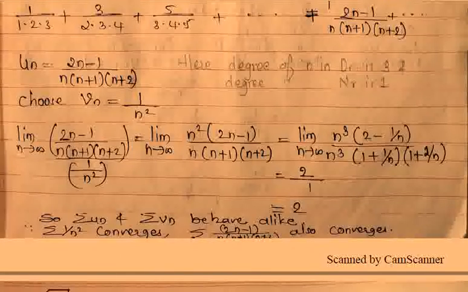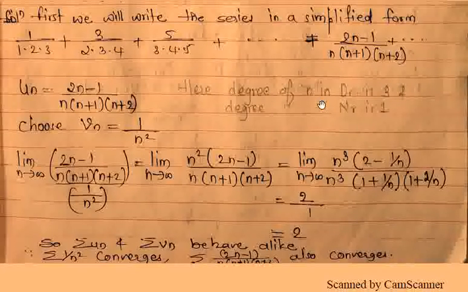So you have un, which is going to be this here. The degree of the denominator is going to be 3. Why is that? Because it's n cubed. And the numerator is 1 here, and vn is going to be 1 divided by n squared, because 3 minus 1 is 2.